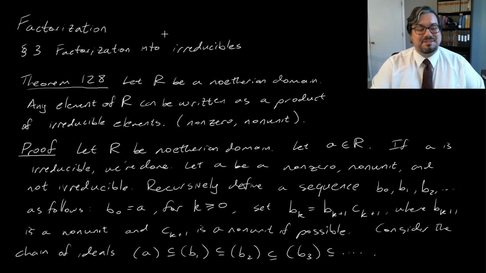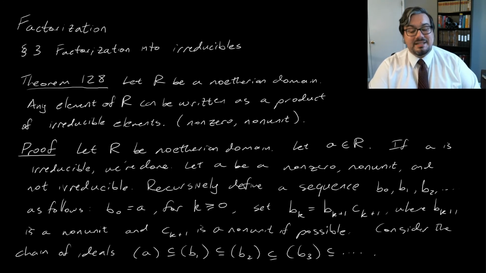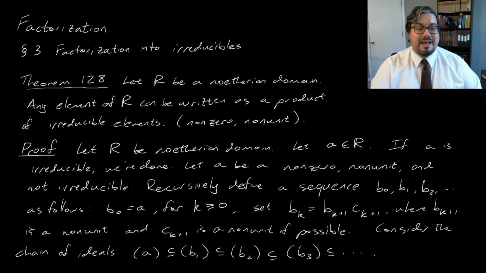Now, our hypothesis is that R is Noetherian, which means this ascending chain eventually stabilizes.